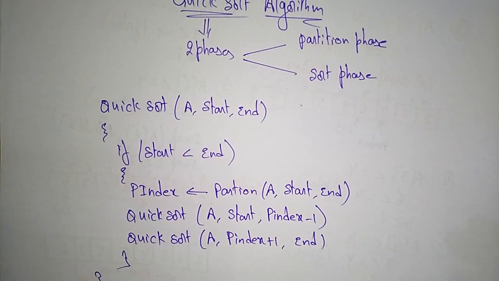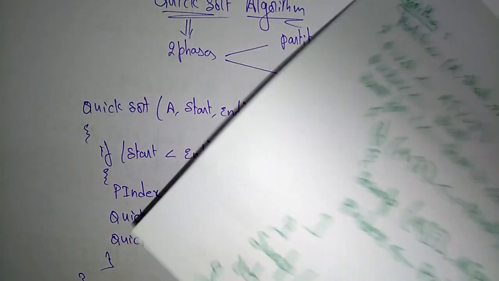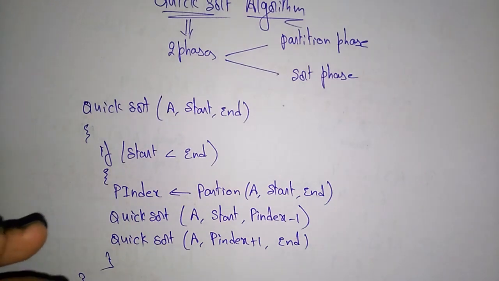In the previous video I explained the partition algorithm and how the unsorted array has to be taken, and in that we just partition the array by selecting the pivot element and placing the pivot element in the correct position. Now we'll take that partitioned array, that is what we have previously discussed.